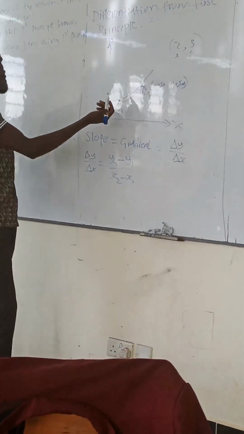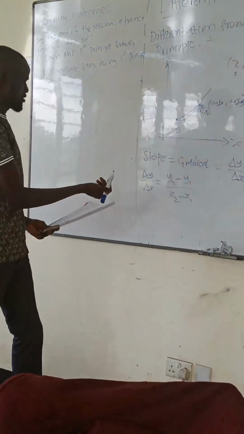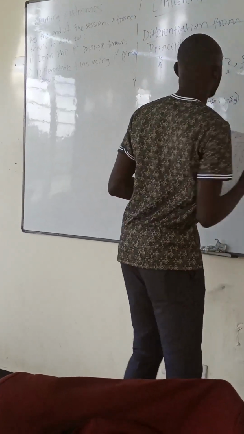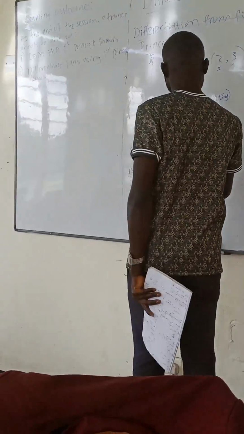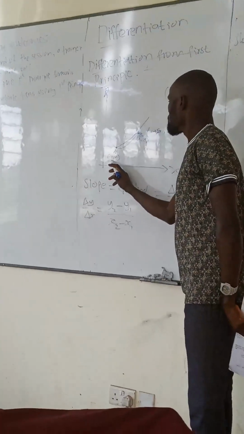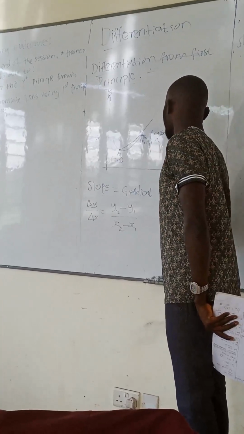Now from this curve we have sketched here, we have change in y and change in x. It will be the slope or gradient. It will be y2 minus y1. This is our y2, and this is x1, y1. This is x2, and this is our y2.